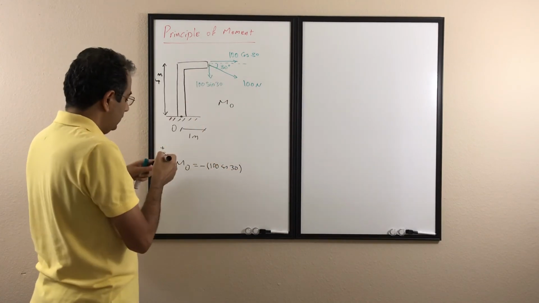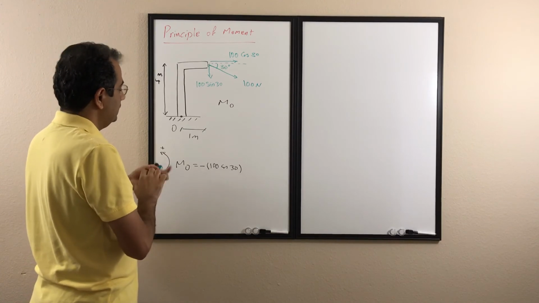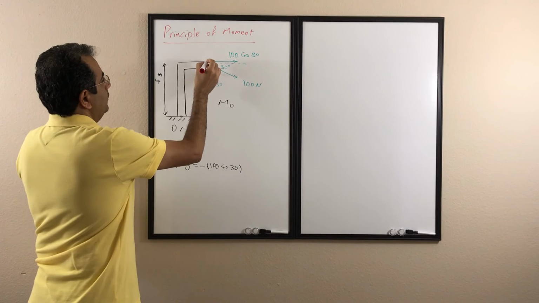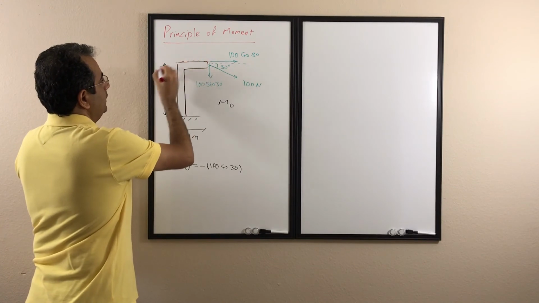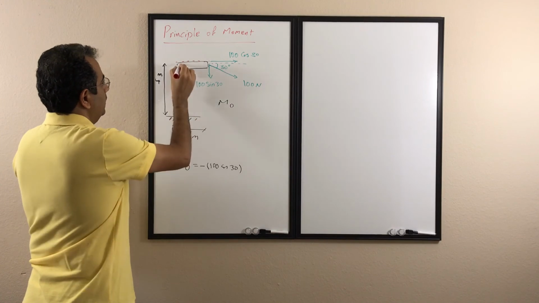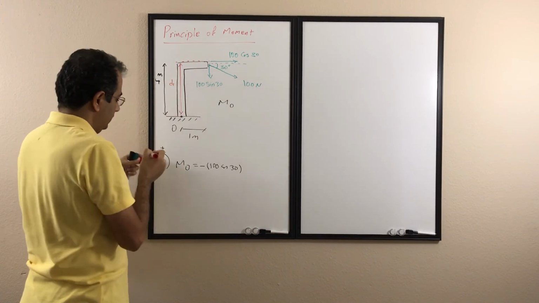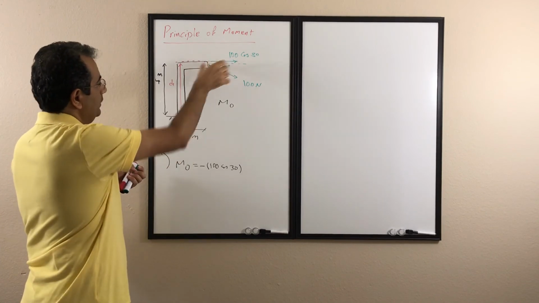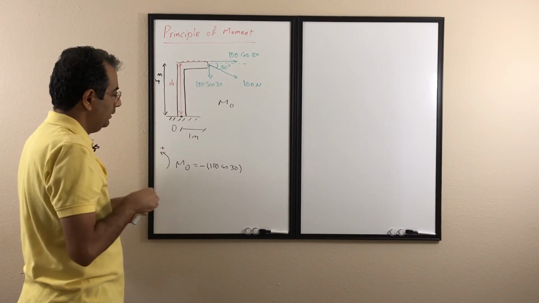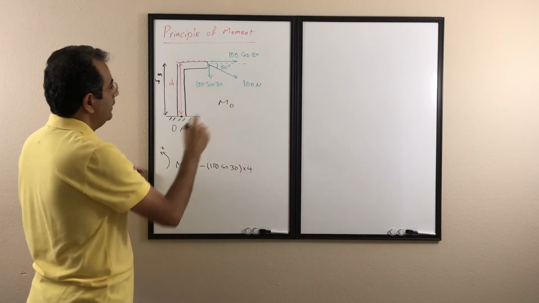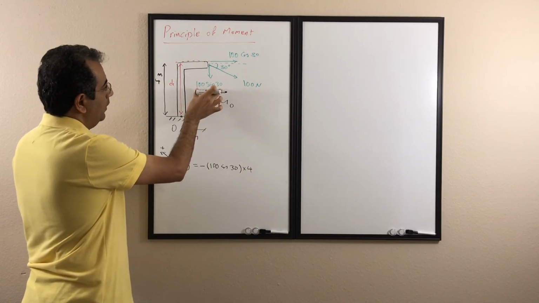And the normal distance from the force: we extend the line of action for that force, and then it's d1, which is going to be 4. So the normal distance for this force with respect to the point O is 4, so it's times 4. And then we write it for the y component.